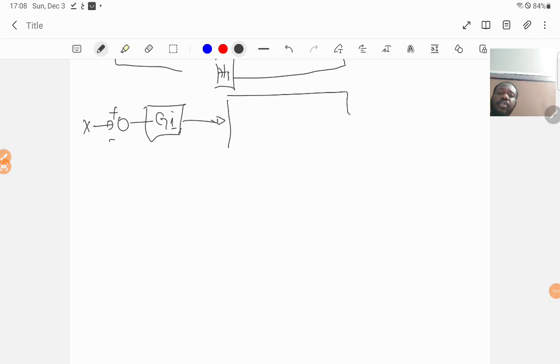So that will give us a transfer function like g1 over 1 plus g2 g3 h3 over 1 plus g2 h2 over 1 plus g2 g3 h3.